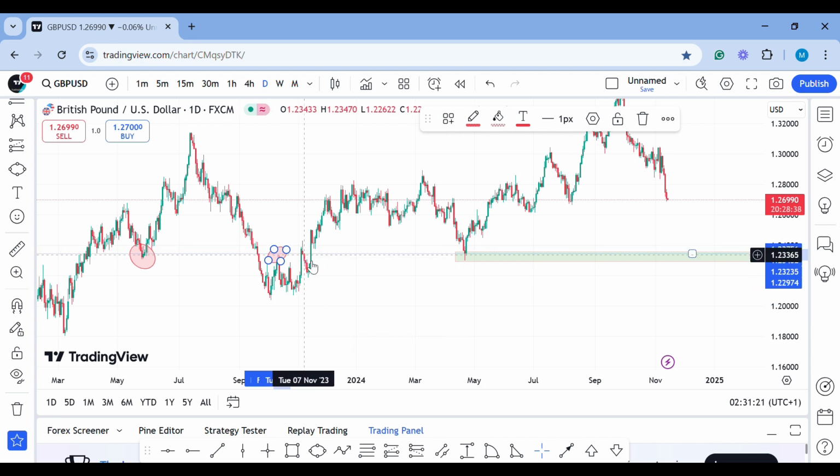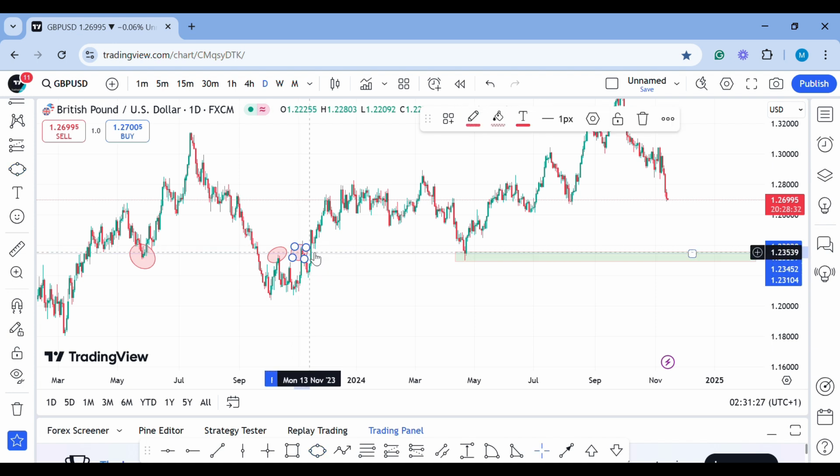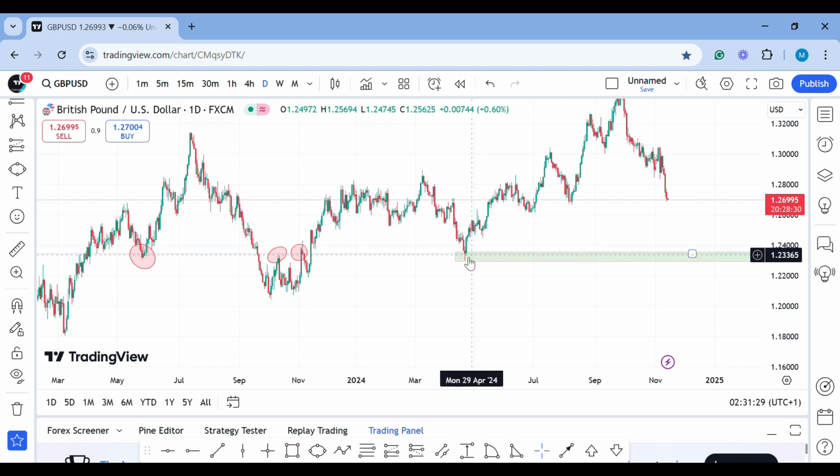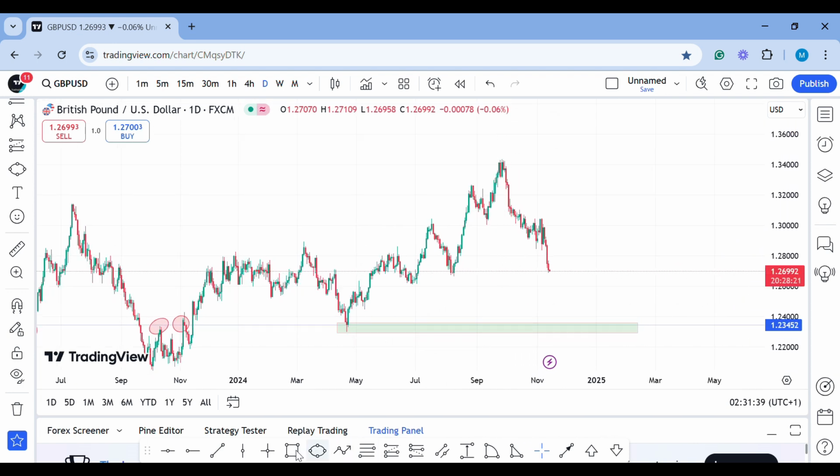Again, a resistance zone here, then pushed to the downside. So that's why I took this place as my first support level, where I should be expecting the market to get to before I look for a potential buy.